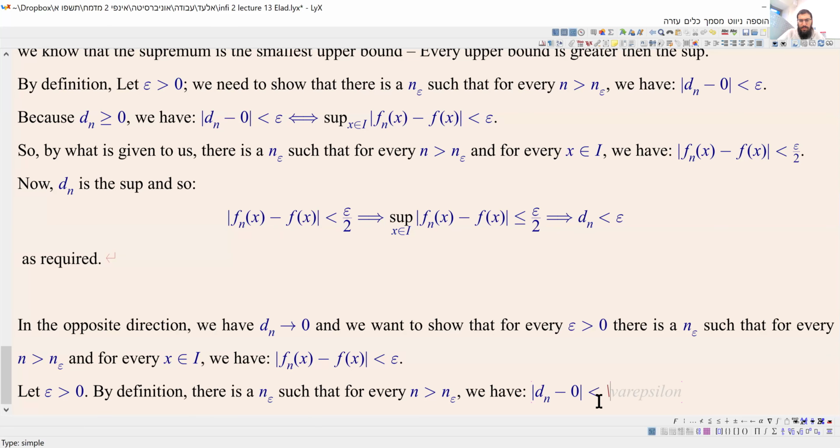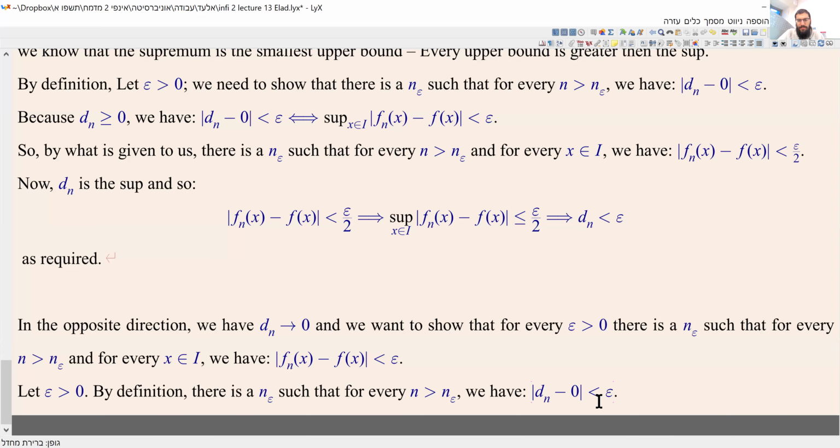Here we know that dn goes to 0, so this is what is known to us.